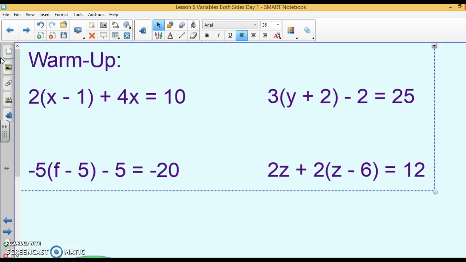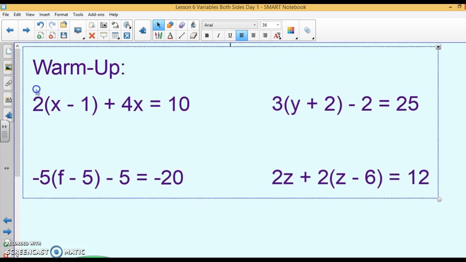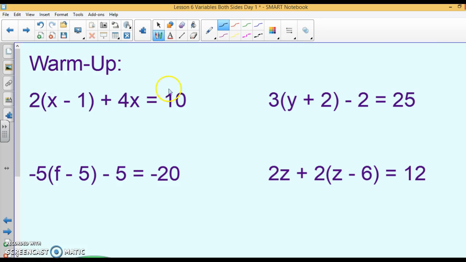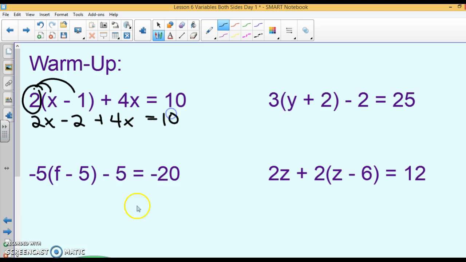So looking at our first one, I have 2 times the quantity x minus 1 plus 4x equals 10. I want to distribute first. So I'm going to distribute my 2 inside. I'll do 2 times x, which is 2x, 2 times negative 1, which is negative 2, and then I have 4x on this side, equals 10.